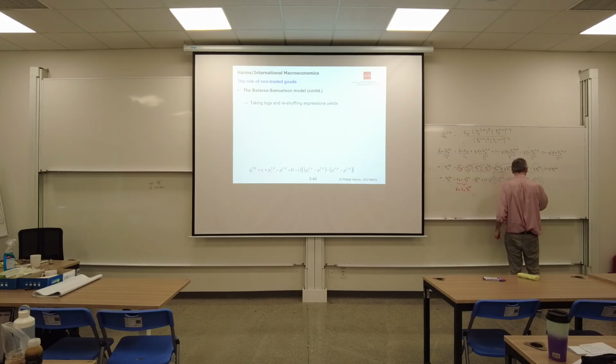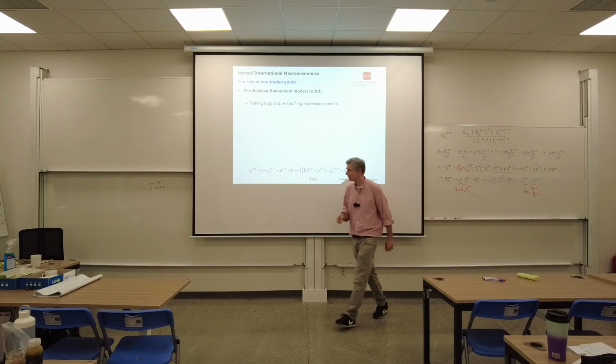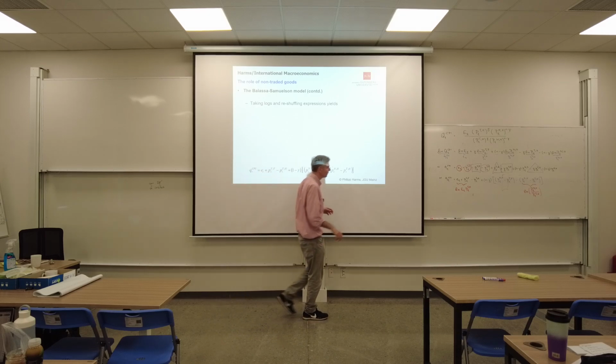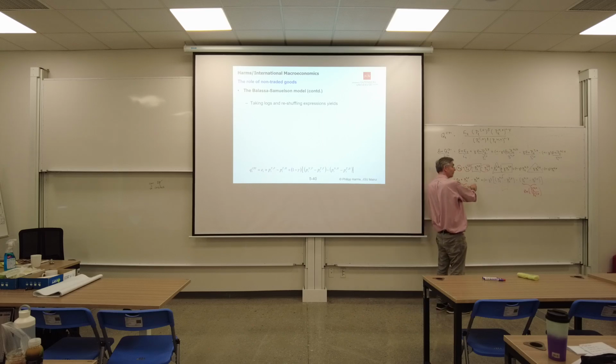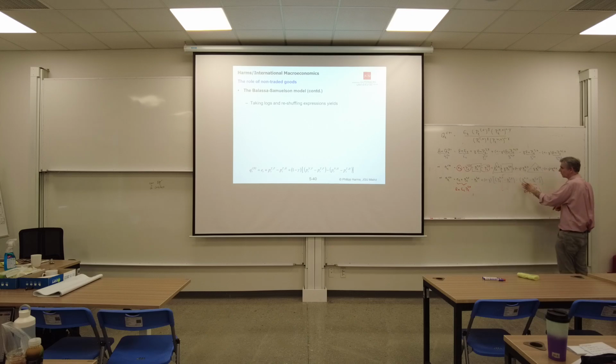Please also note that this is the log of PTNH over PTTH. So you have two components. One that is referring to traded goods prices, and the other one that's related to actually a difference in differences, if you want. It's a difference between the relative price of non-traded goods in the home country.